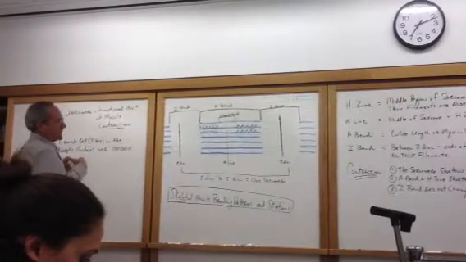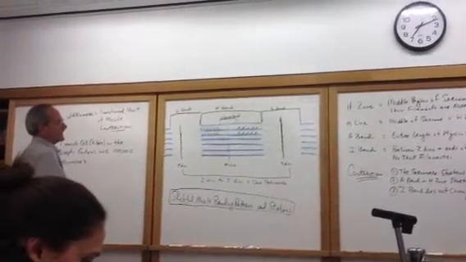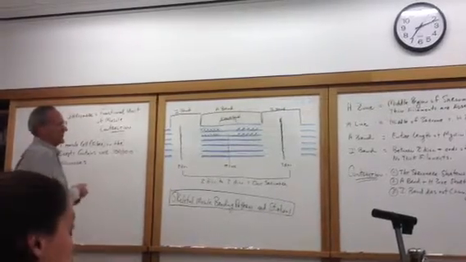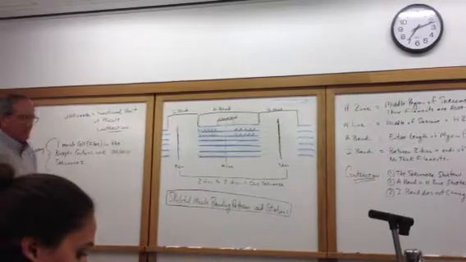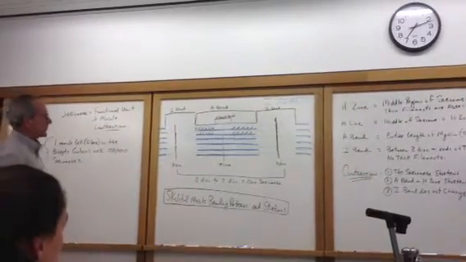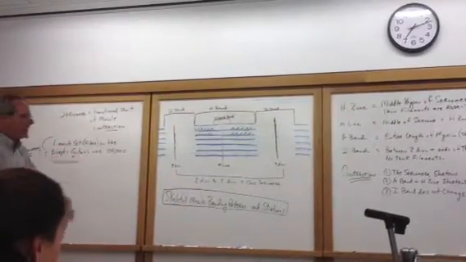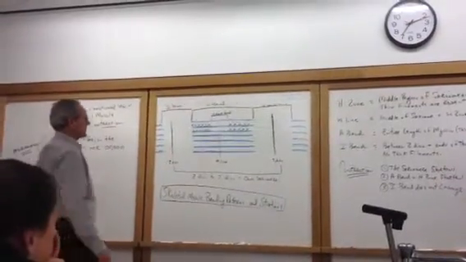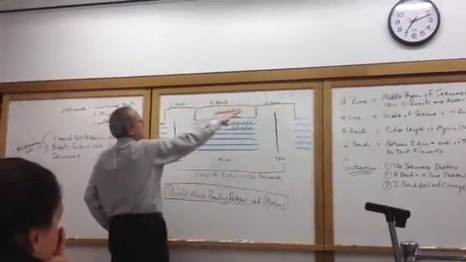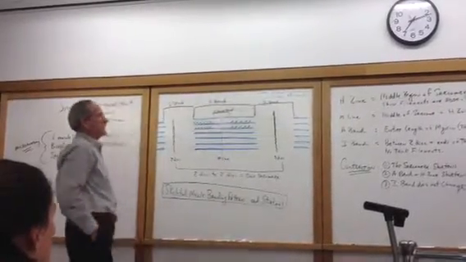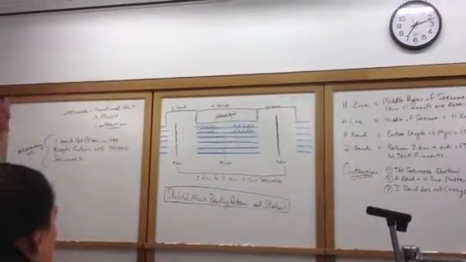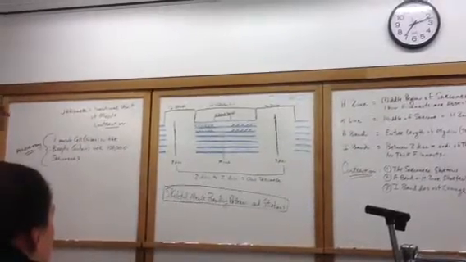And the sarcomeres are made up of the thick filaments and the thin filaments. The thick filaments are the myosin molecules, contractile proteins, and the thin filaments are the actin contractile proteins. And it is their interaction that causes the muscles to contract. So I've scaled it out for you on the board here by these very thick blue lines being the myosin filaments and the very thin green lines being the actin filaments.